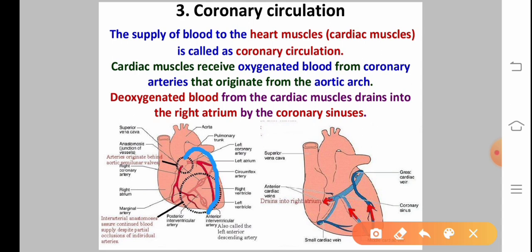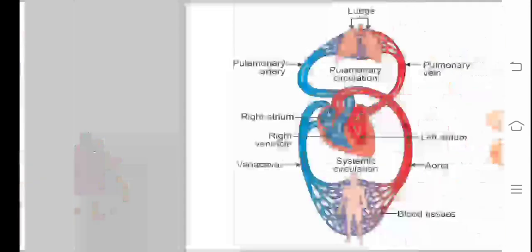Then deoxygenated blood is collected through the coronary veins and it comes back to the right auricle. This circulation is known as coronary circulation.